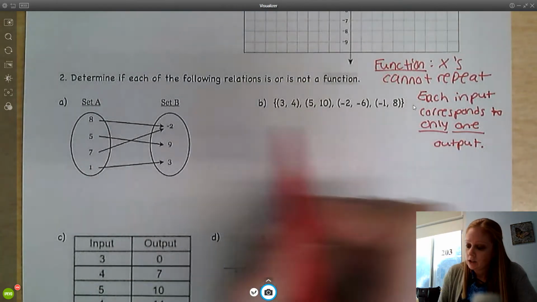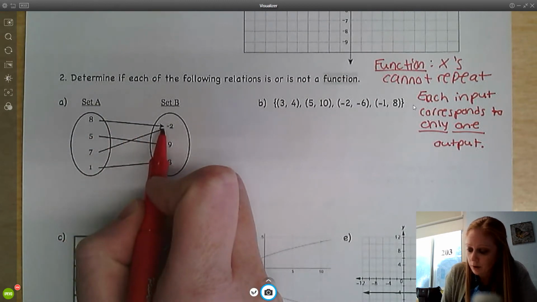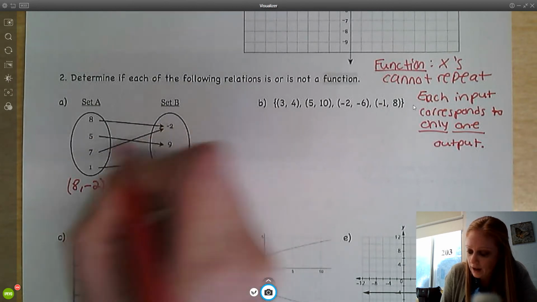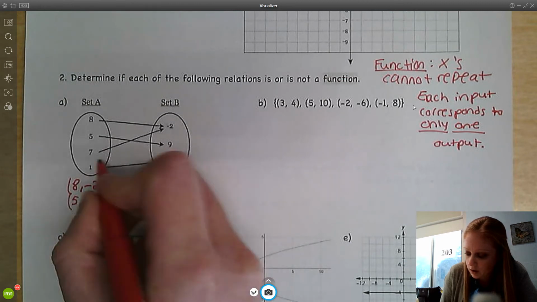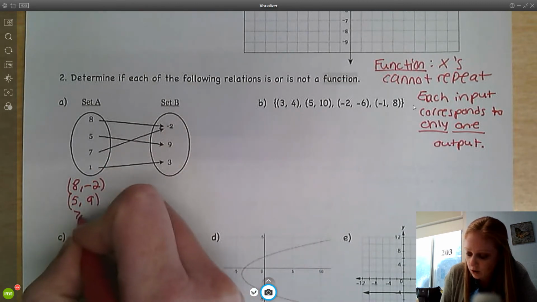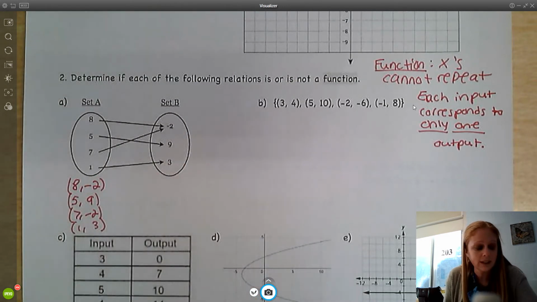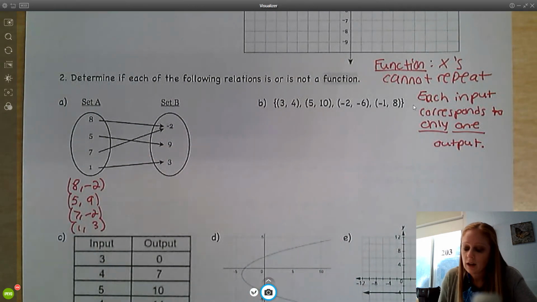Okay, so let's look back at these points now. So we have 8 is the input going to negative 2 as the output. Then we have 5 input, 9 output, 7 to negative 2, and 1 to 3. You don't have to list the points like this, but it does often help because then you can look and see if the x's are repeating, and they're not.